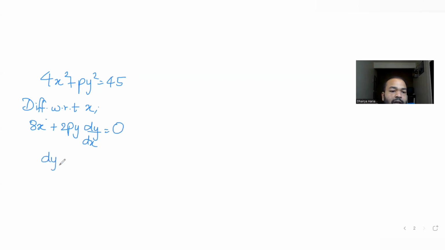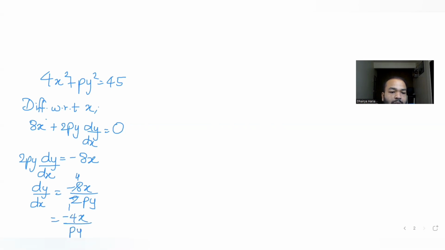So 2py dy/dx is equal to -8x. Now dy/dx becomes -8x upon 2py. 2 ones are 2, 2 fours are 8. So you get here -4x upon py. This is the slope of the ellipse which is given to us.